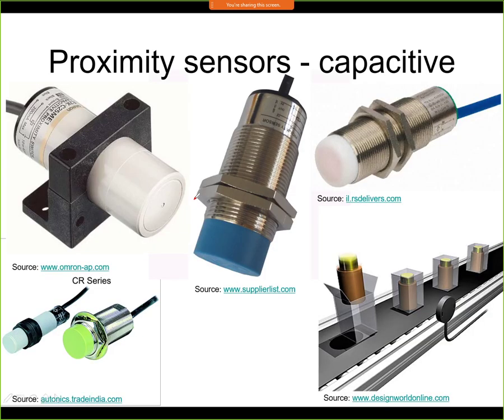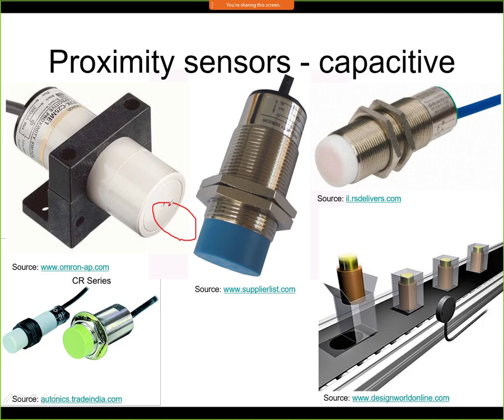Here are a few examples of how the capacitive sensor looks. From the outside, you can typically not tell if it is an inductive sensor or a capacitive sensor. They look very similar. You can find it out by using a piece of iron, because if you approach the sensor from this side like this, then inside of the inductive sensor we know that there is a ferromagnetic core.